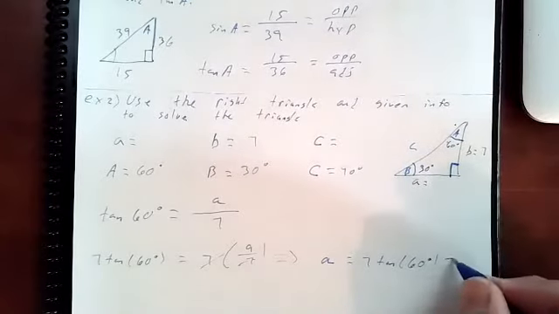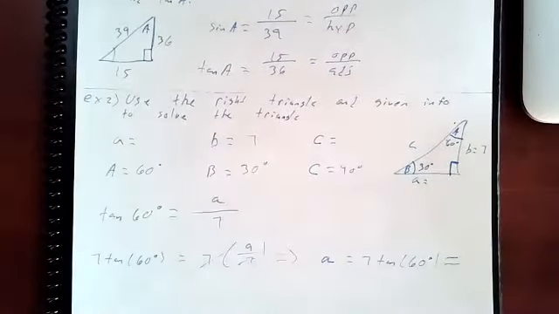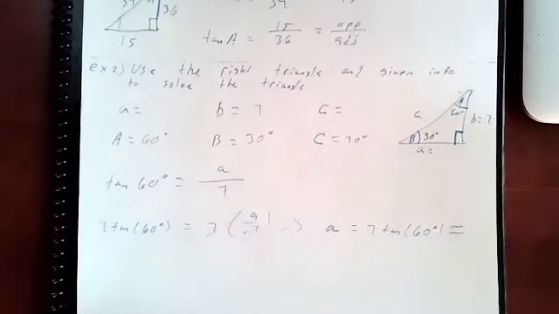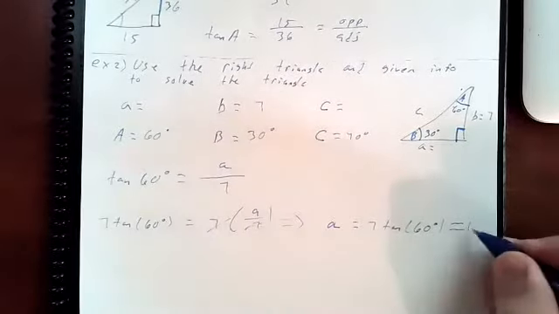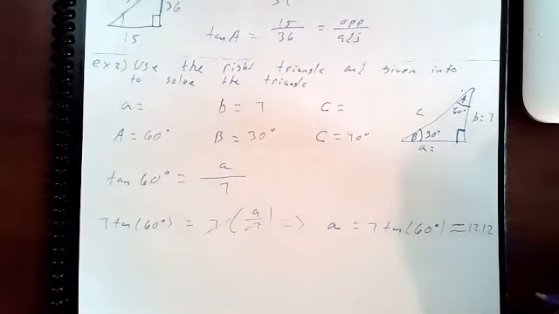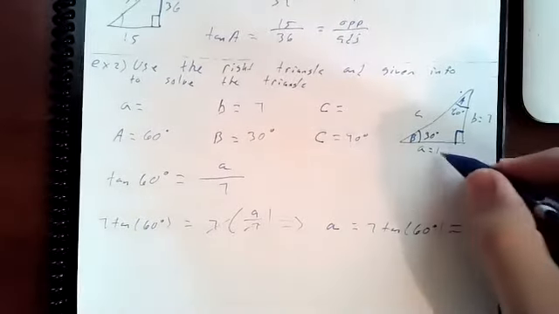So what is A? We put that in our calculator. Yeah, this chapter will require a lot of calculator stuff. 12.12. What did you get? 12.12. Yeah, that's right. Okay, so that's my A.